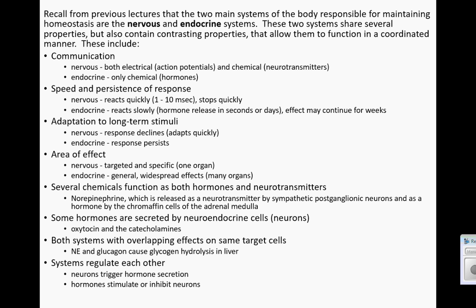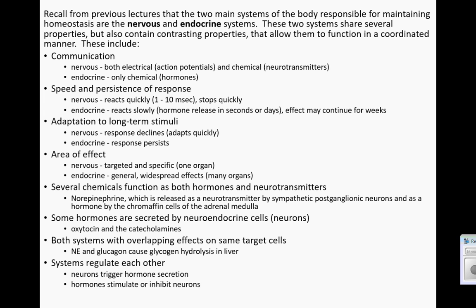Obviously the text message. The letter in the mail has to get there very slowly because it is going to involve passing from one place to the next and not in a direct manner. For that reason, the response may be much longer, several days or even weeks, continuing for the endocrine system and those hormones, whereas the nervous system, that response is very short, and the body adapts or declines that signal.